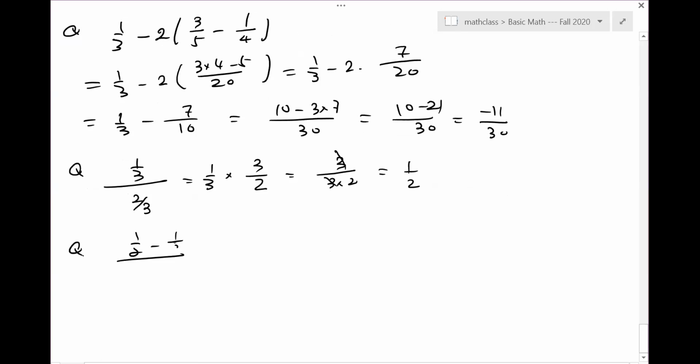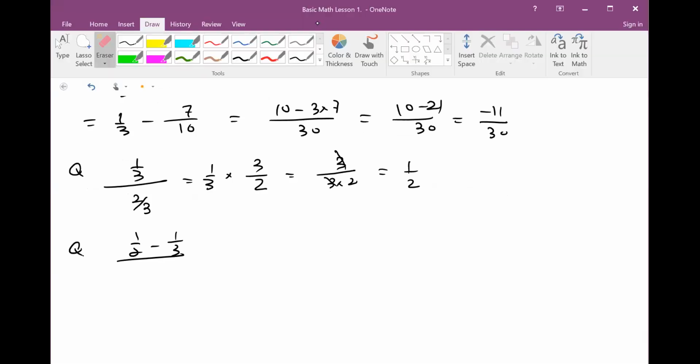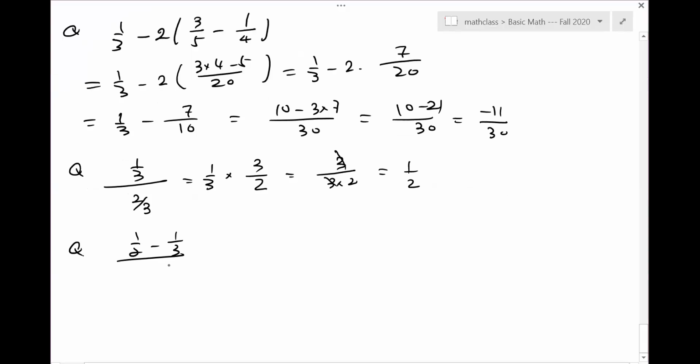But if you have something like that, 1/2 and 1/3, divided by 5.